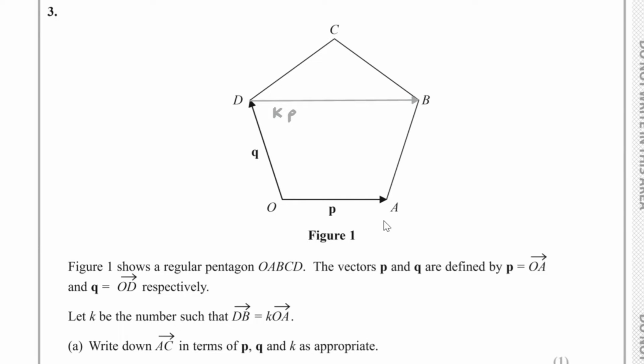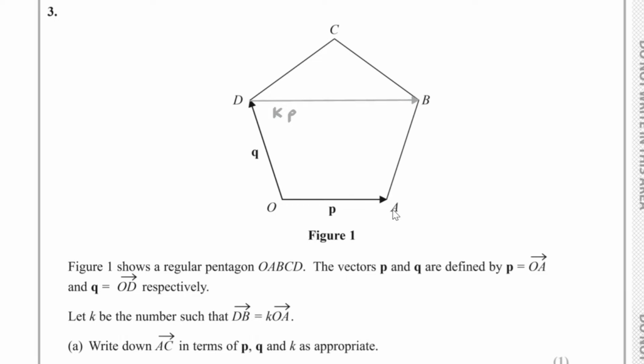Now for us to do this, well, essentially the middle bit is bigger by a magnitude of K than the side opposite it.